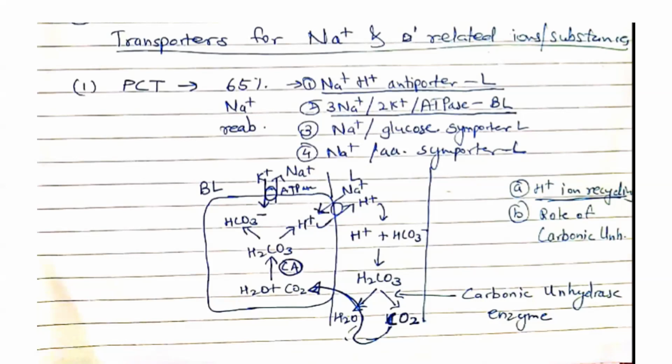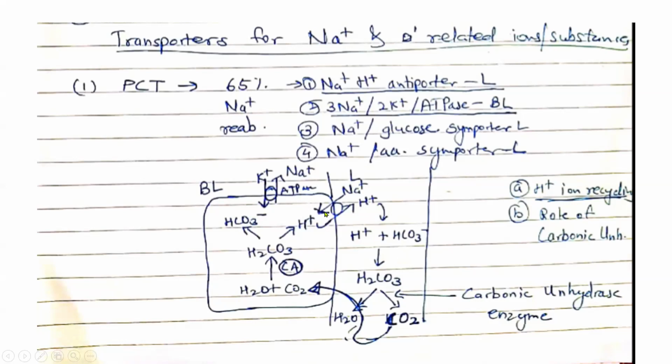To make that happen, the first step, at the proximal convoluted tubule, is sodium leaving the lumen and entering the cell. This is a cell which is lining the proximal convoluted tubule. In exchange for this sodium, an H plus ion is leaving the cell and entering the lumen.